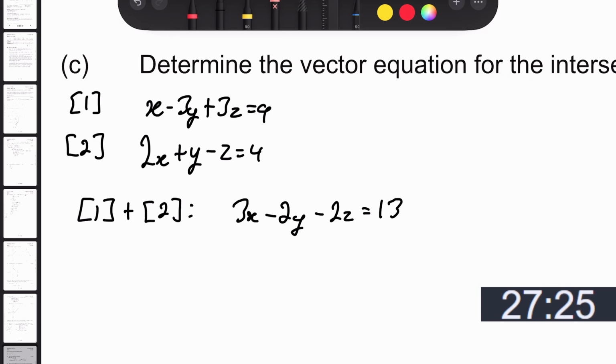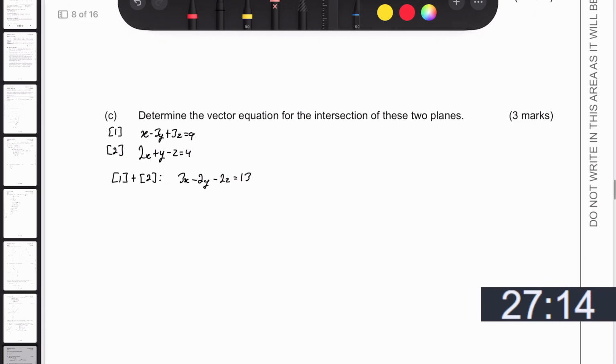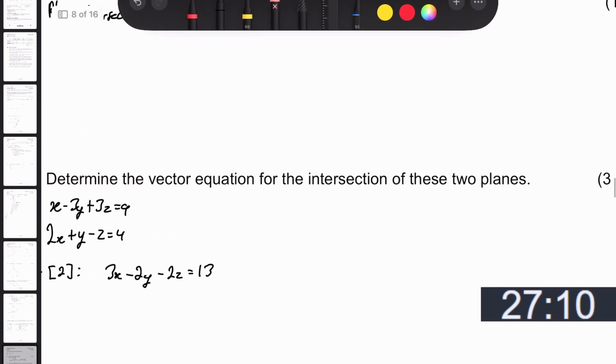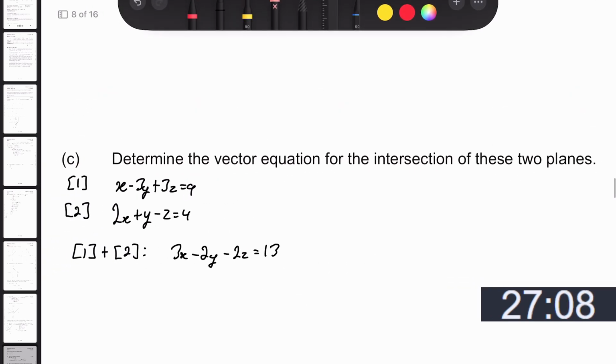Does this help me in any way, shape, or form? I want the vector equation for the intersection of these two planes.